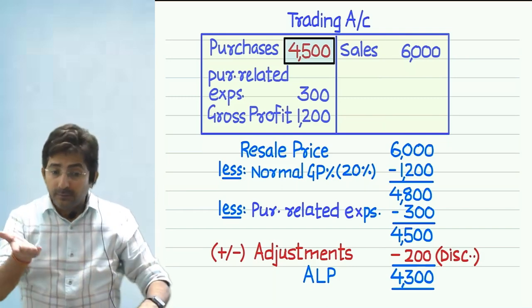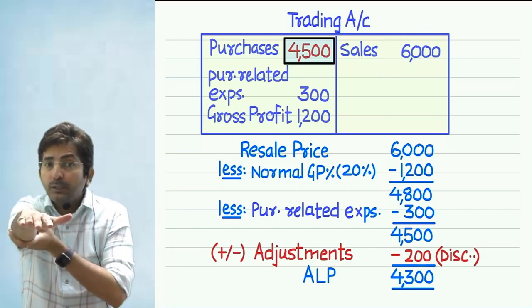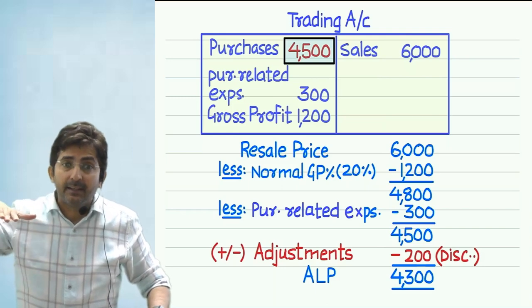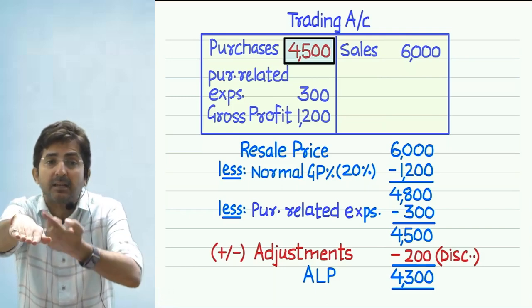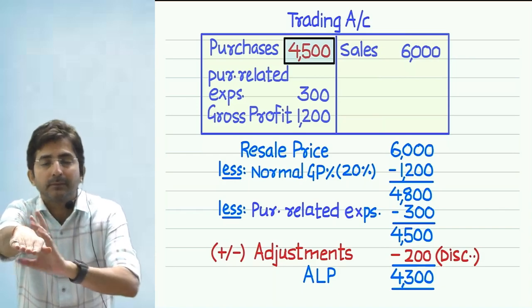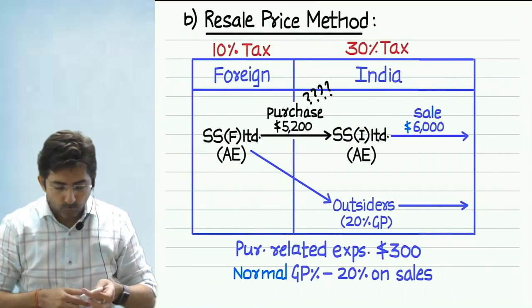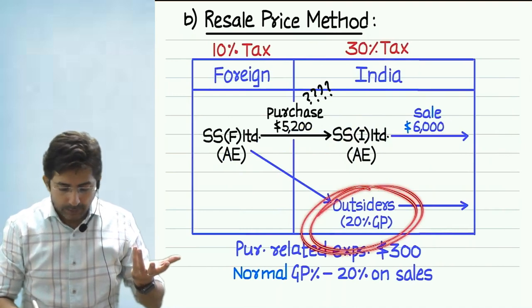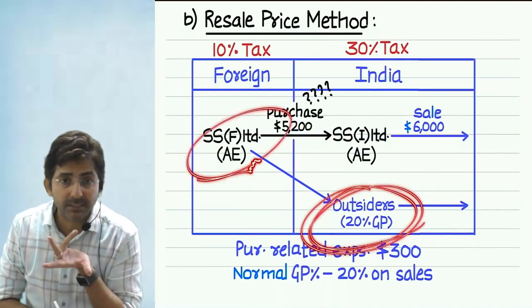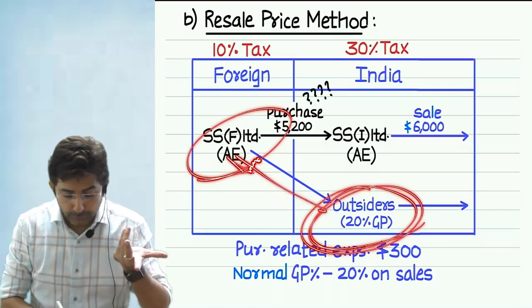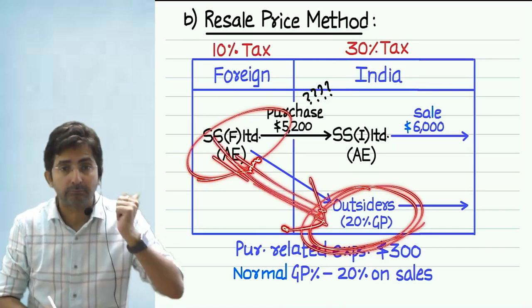You know, this hand I am usually using for what? Transaction with AE. The transaction with AE is popularly called international transaction by the law. Whereas outsiders also, they are also importing from foreign. In layman's language, even this is an international level transaction.